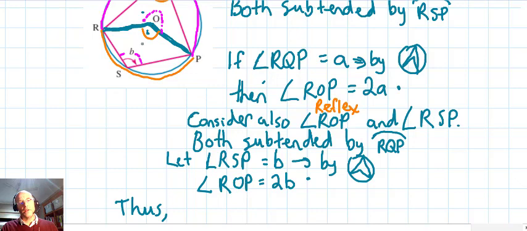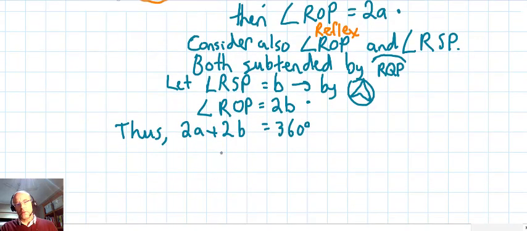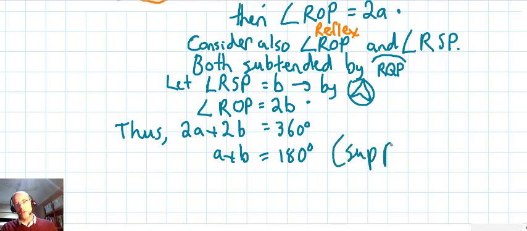The orange one is 2A and the pink one is 2B, and they add together to make 360. So 2A plus 2B equals 360 degrees. Thus, A plus B is 180 degrees. Now, we've got the answer we want here. That means those two angles are supplementary.